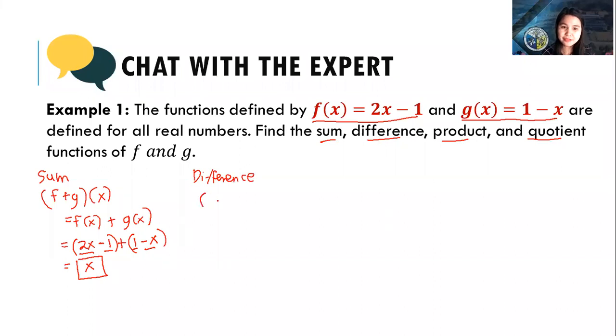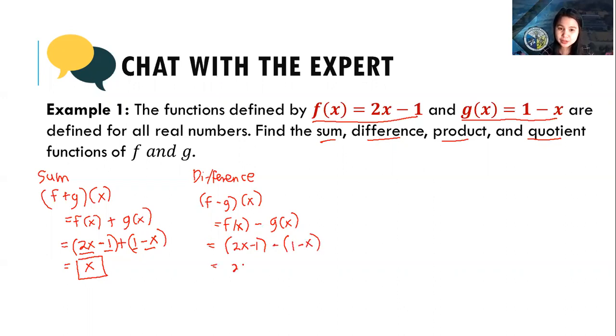So we have f minus g of x. We subtract f of x and g of x. So we have 2x minus 1 minus 1 minus x.